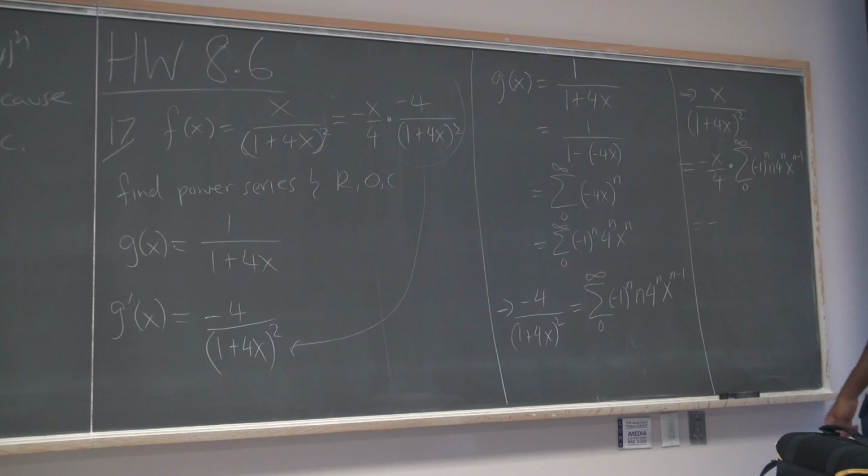Which means I can bring this minus in, so this is just the series from 0 to infinity of minus 1 to the n plus 1 by multiplying the negative 1 times this. Put the 4 inside, dividing by 4, I get n times 4 to the n minus 1. The x multiplies here, bumps up the power, so that gives me x to the n. So that's my power series.